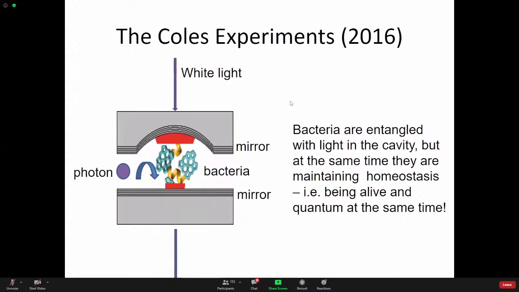But this is an experiment by a colleague of mine, Dave Coles, who put a living photosynthetic bacterium in a very small cavity. This is an optical cavity that's a micron in size. These are two highly reflecting mirrors in which you are trying to get quantized light to be strongly coupled to the bacterium.